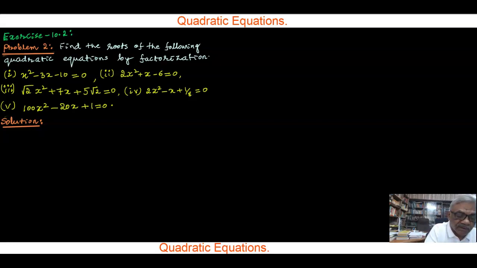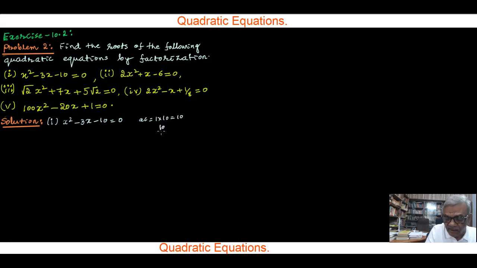Now you can see problem 1: x square minus 3x minus 10 equal to 0. The coefficient product AC equal to 1 into minus 10, that is minus 10 only.